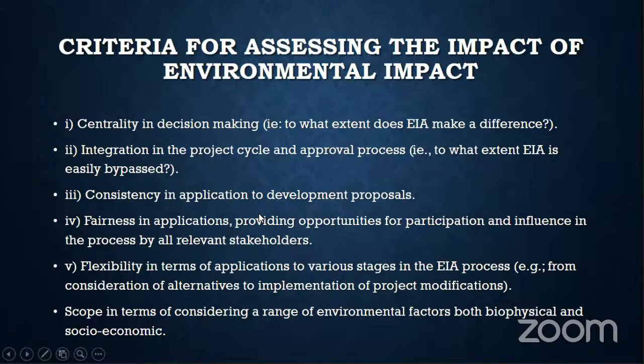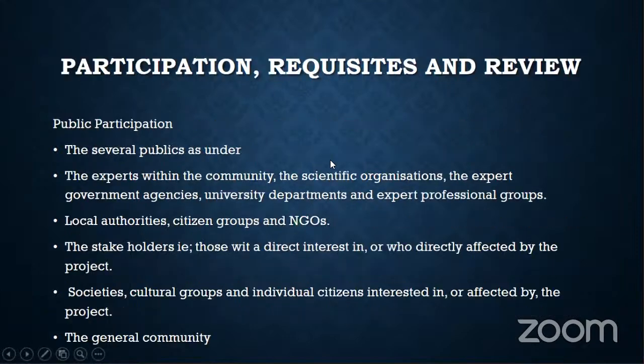Then consistency in application to development proposals, fairness in applications, providing opportunity for participation and influence in the process by all relevant stakeholders, flexibility in terms of application to various stages in the EIA process, for example consideration of alternatives to implementation or project modification. Then scope in terms of considering a range of environmental factors, both biophysical and socio-economic. So all these things we need to account for before taking any decisions.